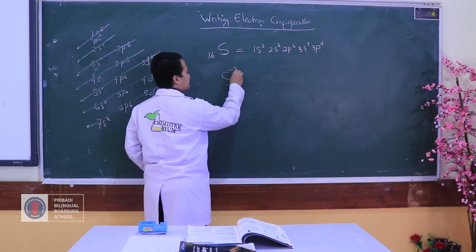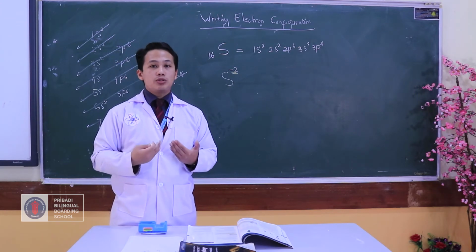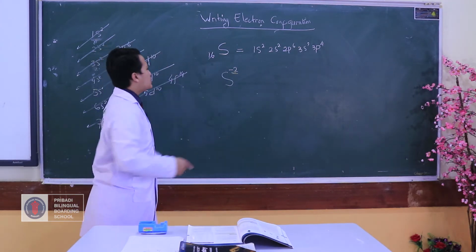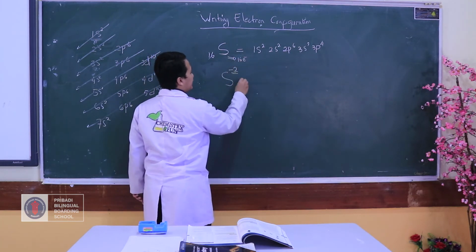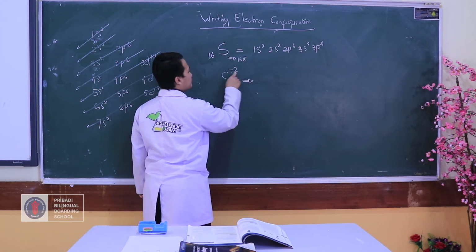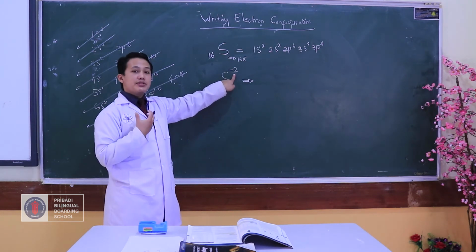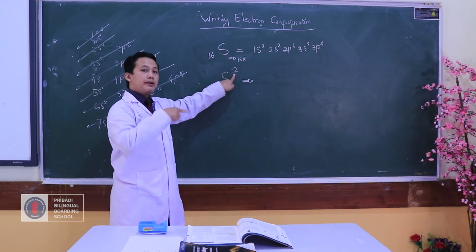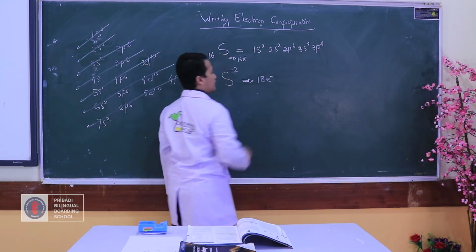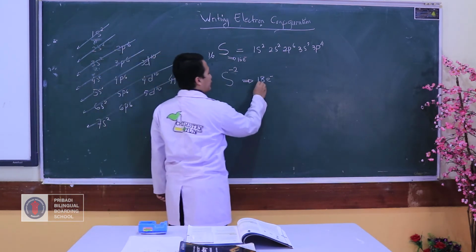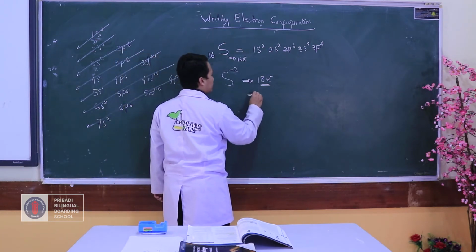What happens here? If the sign is minus 2, it means it gains 2 more electrons than the natural one. In the natural one, we have only 16 electrons. But here, how many electrons do we have? 16 plus 2. Minus 2 means it gains 2 more electrons compared to the previous one. So it has 18 electrons. After we find the number of electrons, we can easily find the electron configuration.